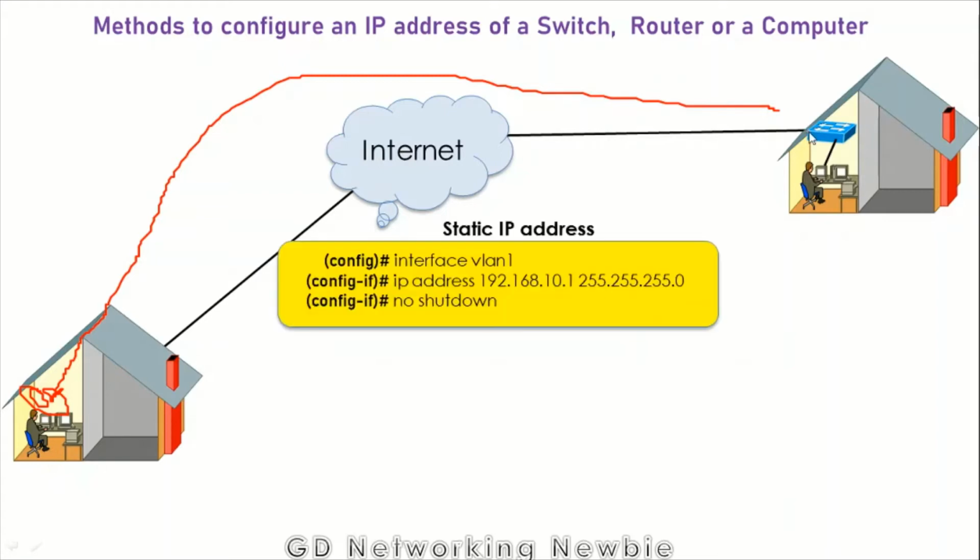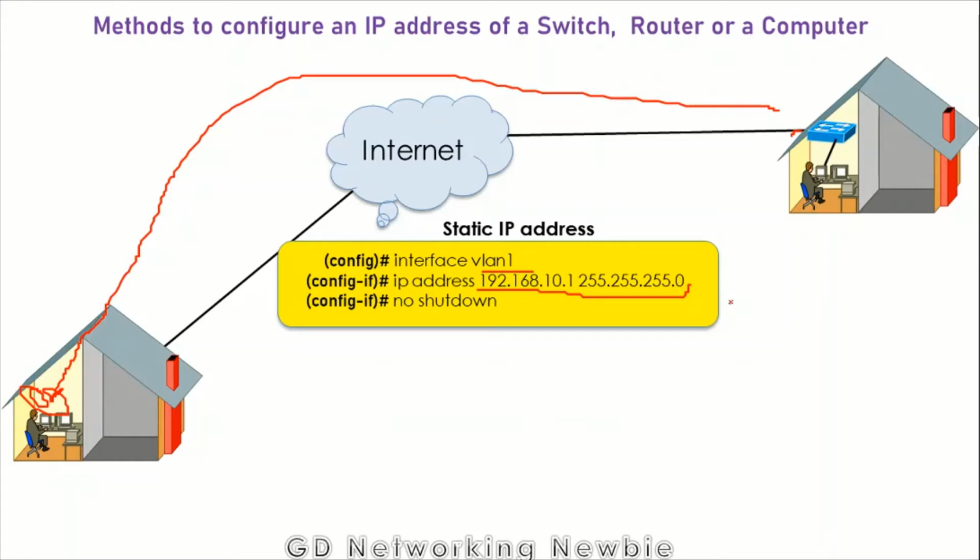So what specifically we did, just to remind you, was go to the virtual LAN interface, the VLAN interface of the switch, with this command, and then assign an IP address to that interface of the switch. This is known as a static IP address because we as an administrator assign this specific or fixed IP address to the switch, or it can be a router or a computer. So this is static, fixed.